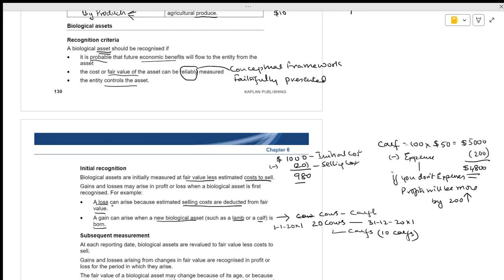What will happen? It will increase the assets. Previously the opening balance is 20. Understand this in a simple concept. Closing balance will be 30: 20 is the opening balance and 10 is the new calves. This is nothing but a gain. A gain arises when a new biological asset is born.